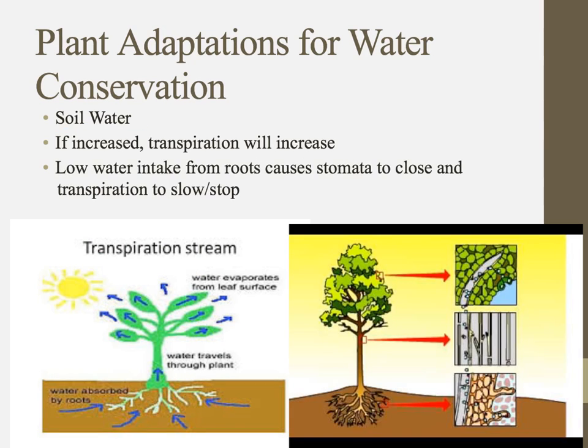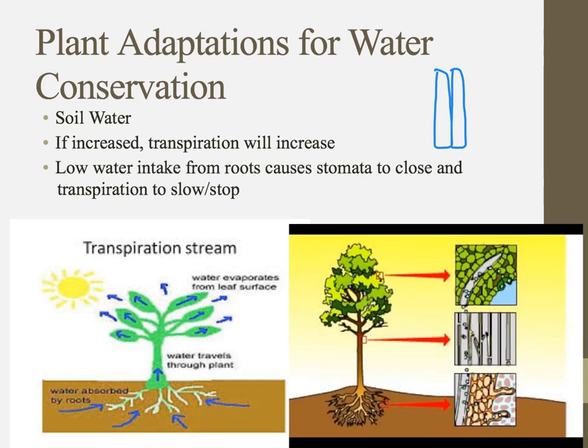Okay, so where else am I going to find water? Not just in the atmosphere, but in the soil. So the more soil water I have, or the more moist my soil is, the more often transpiration is going to happen. So remember, when we don't have a lot of water coming in, those guard cells kind of become flaccid and closed.